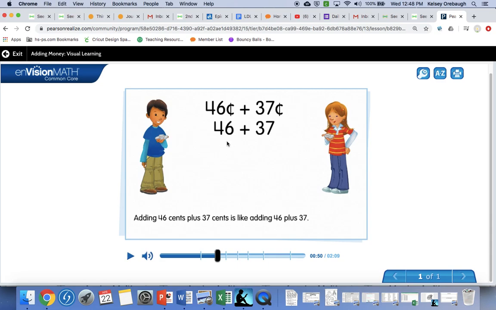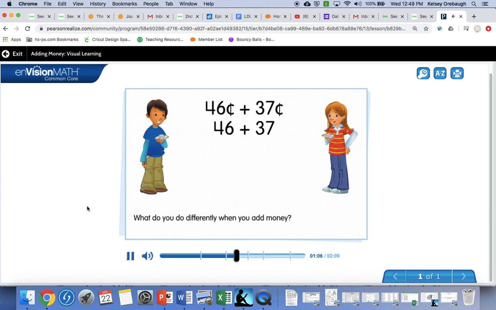You can use our stacking strategy to add these numbers together. Why is adding 46 cents plus 37 cents like adding 46 plus 37? Once again, because they are the same numbers. The numbers are the same, and you add them in the same way.